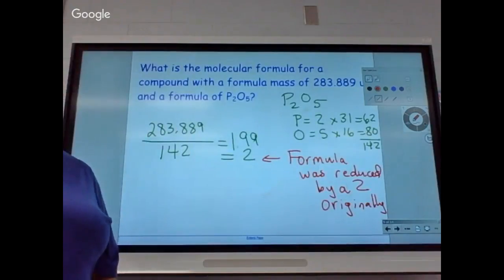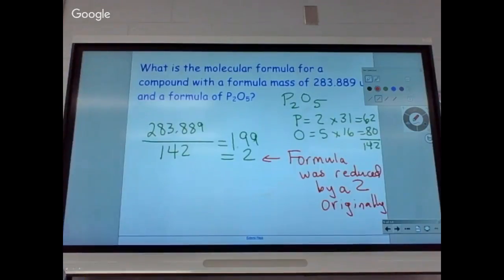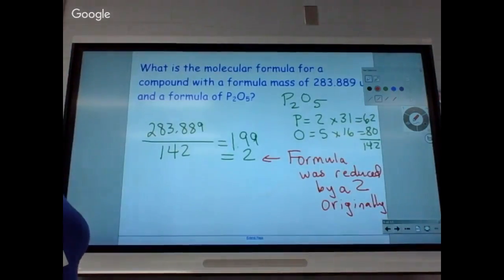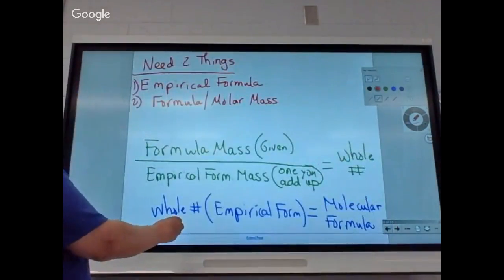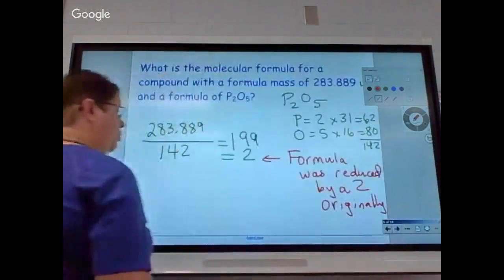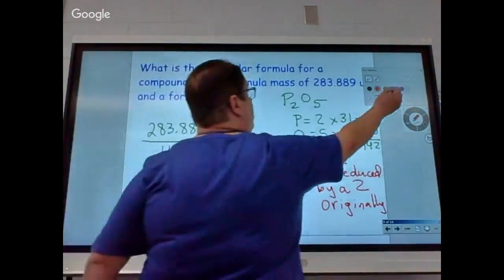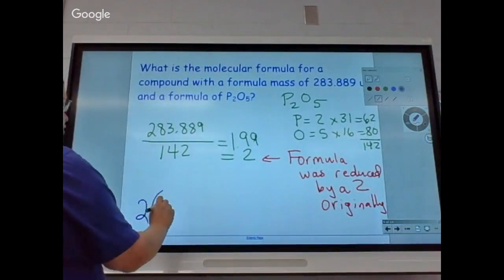So the formula was originally reduced by 2. Okay, that's what you just figured out. So the last step is to take this whole number and multiply it through the formula. So we're going to take the 2 and multiply it by P2O5.